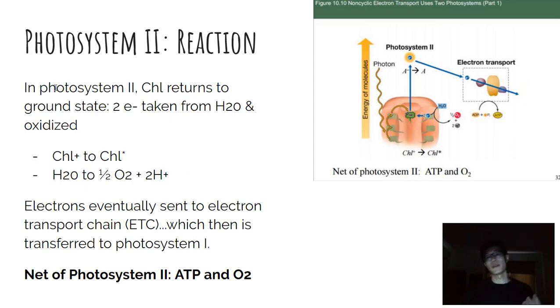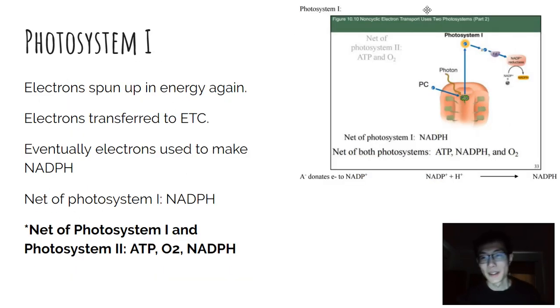So we start off with photosystem 2, and then we go through the electron transport, and then we bump it into photosystem 1. Okay, so the electrons get passed into photosystem 1. The electrons in photosystem 1 are going to be spun up in energy again, and they're going to be transferred to another sort of electron transport chain, where we are going to eventually make NADPH.